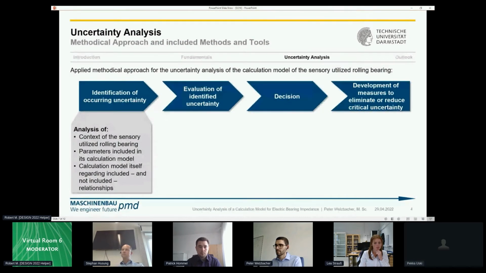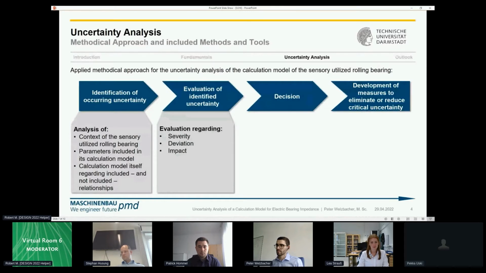In addition, the model is analyzed with regard to not included relationships between occurring disturbance factors and variables or input parameters of the model. In the next step, the identified uncertainty is evaluated using 3 different criteria: severity of the uncertainty, deviation of the uncertainty affected variable or parameter, and the impact of the uncertainty affected variable or parameter on the output of the calculation model.